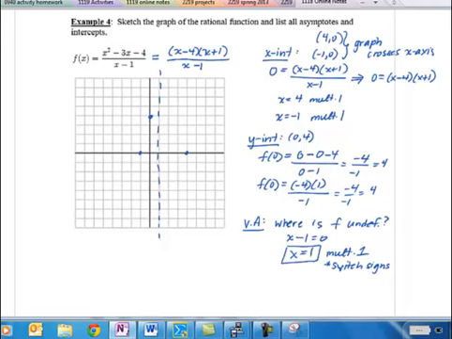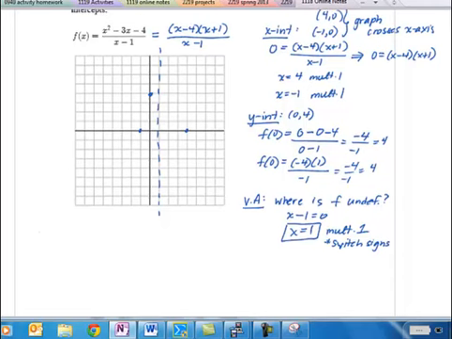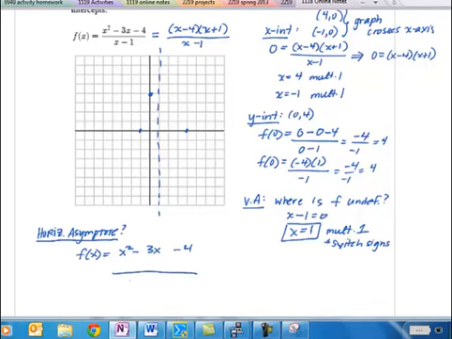And then finally, we want to know about a horizontal asymptote. In this case, we're looking at f of x equals x squared minus 3x minus 4, and the denominator is x minus 1, so we want to divide everything by the highest power of x in the denominator, which in this case is just x.